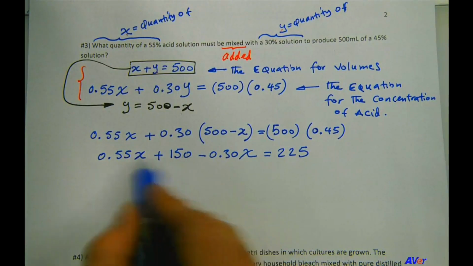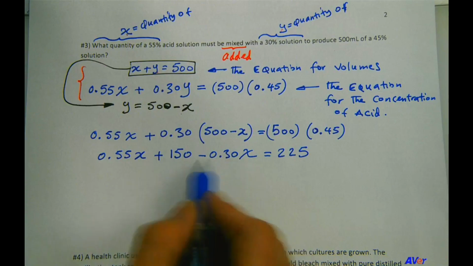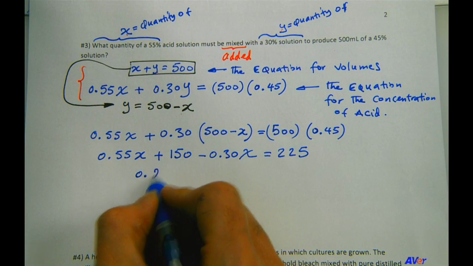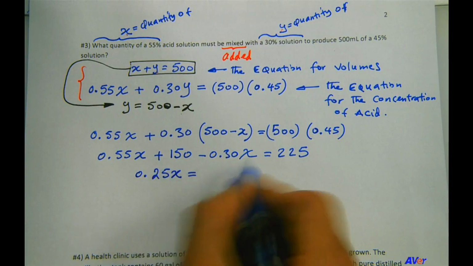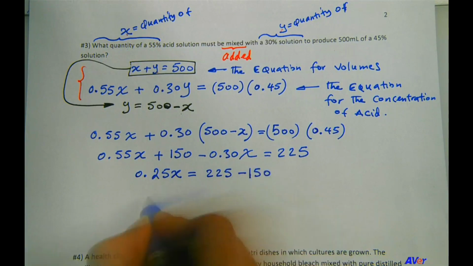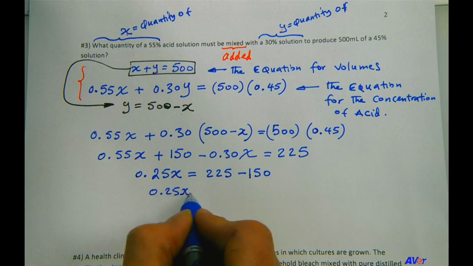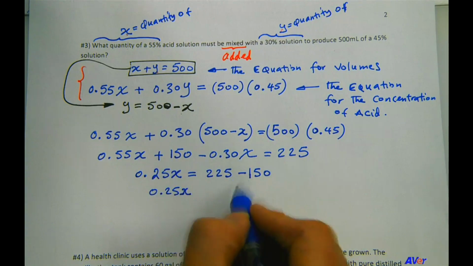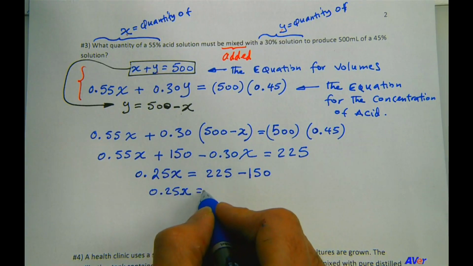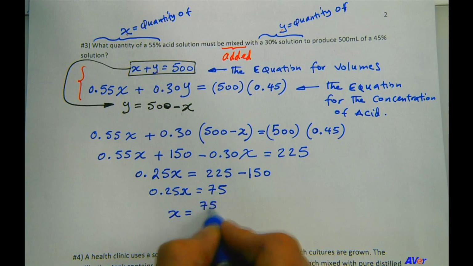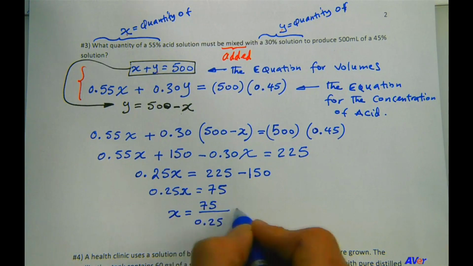Okay, so let's combine the x terms. We have positive 0.25x equals 225 minus 150. So we have 0.25x. This 150 moved to the other side becomes minus 150. So equals 75. And then x is 75 divided by 0.25.